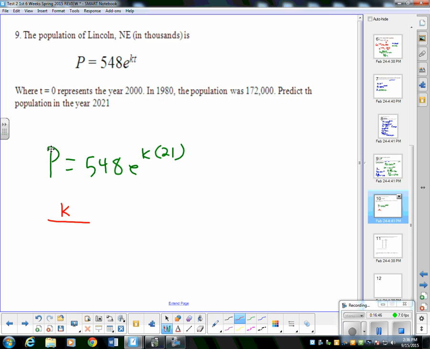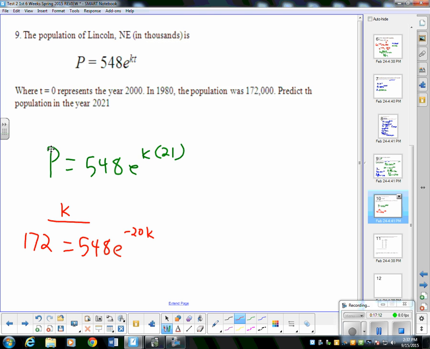Right? For k, we know that when the population is 172,000, time is going to be -20. The reason it's -20 is because if 0 is 2000, 1980 is -20. And the other thing is, you notice I just put in 172, not 172,000.